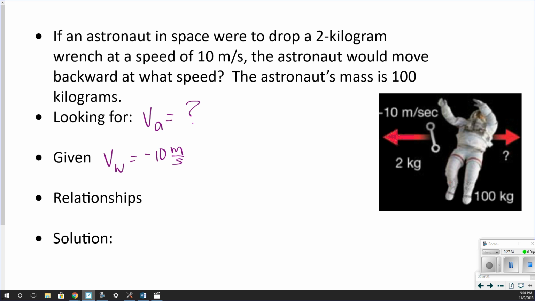Next, we have the mass of the wrench, which is 2 kilograms. And we also have the mass of our astronaut, which is 100 kilograms. What is the relationship between these?